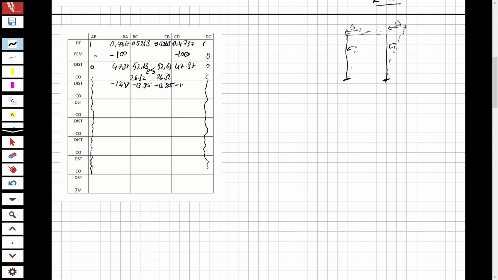This will be minus 12.47. I'm going to distribute this both here. Sorry, carry over them, sorry. Minus 6.93, minus 6.93. I'm going to do this part a little fast, okay?